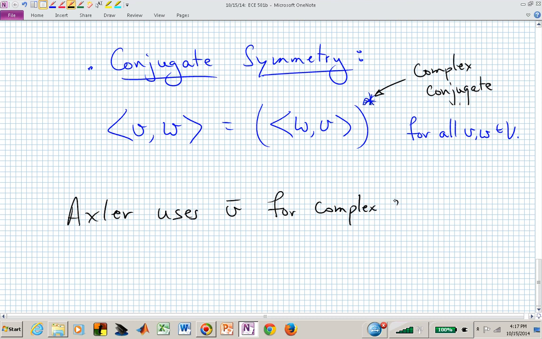And sometimes books, when they have vectors, they may put an overbar on it. So don't get confused. Hopefully it's somewhat clear from the context what is being used. But here, the overbar is the conjugate in the textbook.